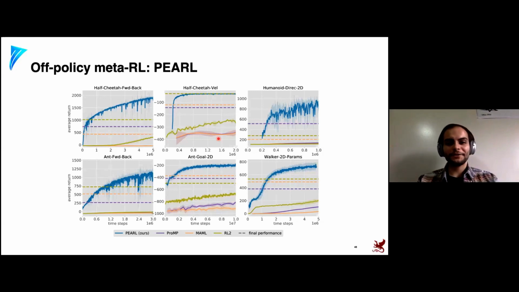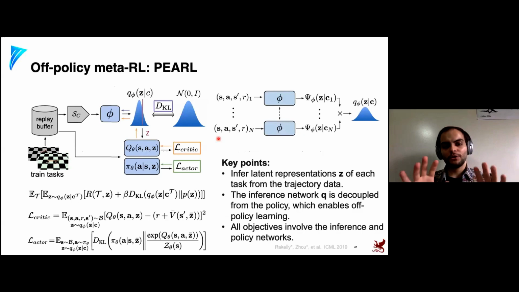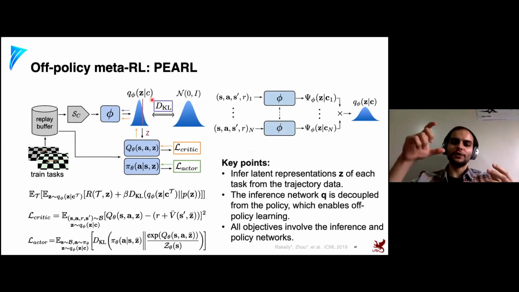On the other hand, the relationship between PEARL and MAML for meta-RL is similar to MAML and protonets for supervised learning. Here you learn explicit representations of the tasks, as embeddings in this latent space, and with prototypical networks you basically do the same. You learn prototypes of representations of the classes.